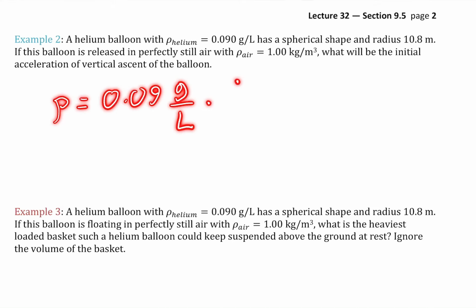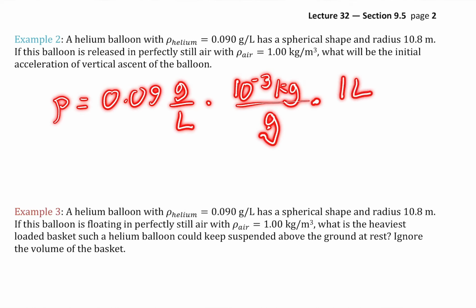So then I'm going to say I have 10 to the negative 3 kilograms per gram. All right, and then we'll convert over. So how many liters per cubic meter? Well, that one is 1,000.